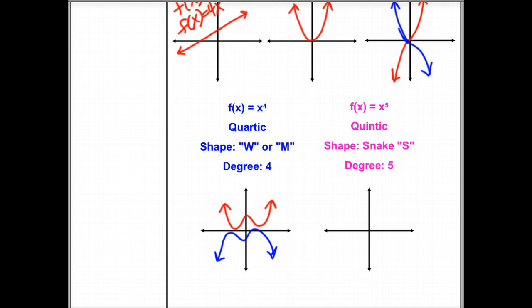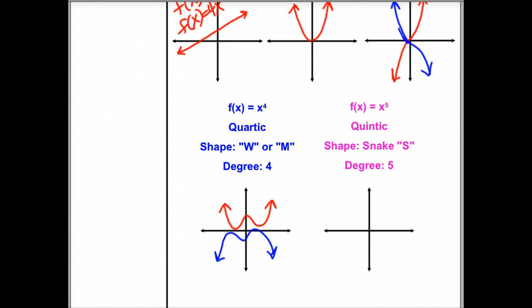F of x equals x to the 5th is our 5th degree. This one goes back to a snake shape or an S shape. These are our quintic. And the analogy I've been giving to a lot of you guys is if way down the road, like 10 years from now when you have kids, if you were to have 5 children at one time, they'd be quintuplets.